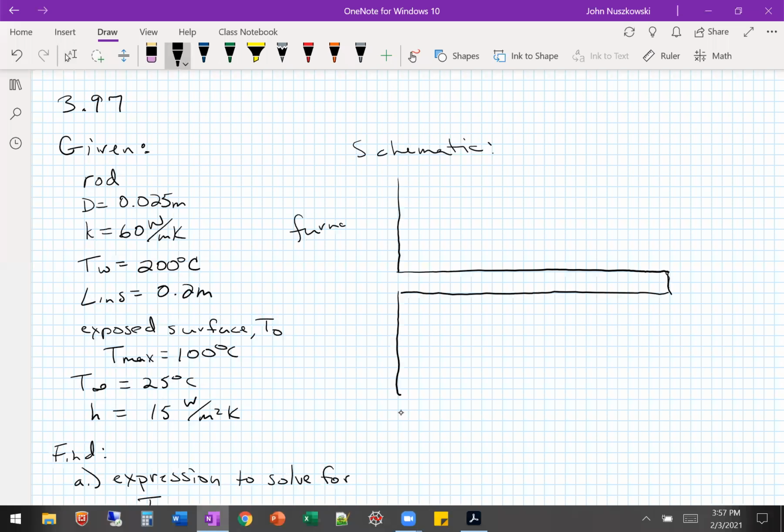Oops, let's label it blue. Our furnace wall. Okay, so that temperature T wall is right here.